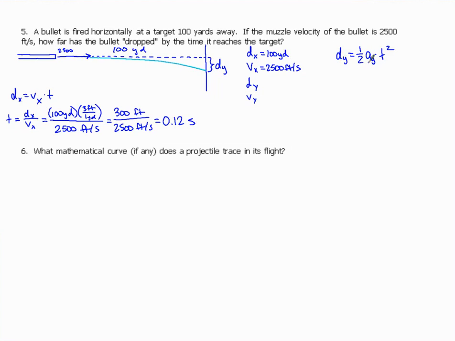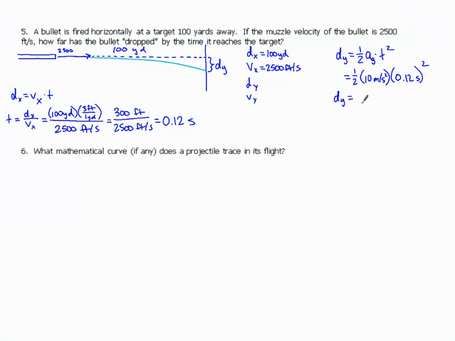We know the acceleration of gravity, it's 10. And we know the time, it's 0.12 seconds. So we can plug in our numbers here. 1/2, gravity is 10 meters per second squared down, and the time is 0.12 seconds squared.